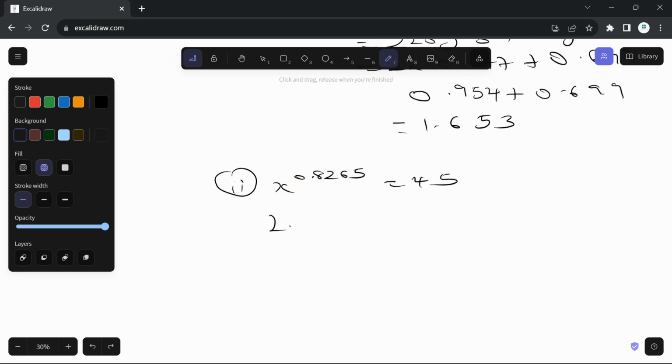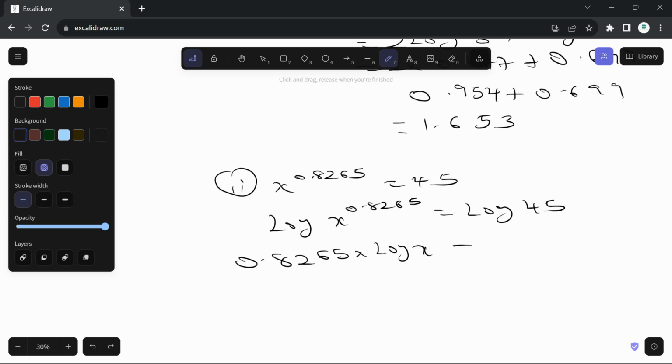That will be log of x raised to the power of 0.8265 is equal to log 45. Don't panic, it's nothing. If you have situations like this, you can take log of both sides. From the law of logarithm, I could bring this value down. That would be 0.8265 times log x is equal to log 45.